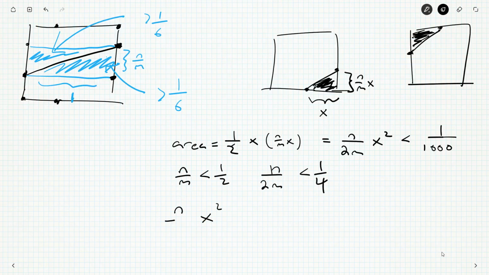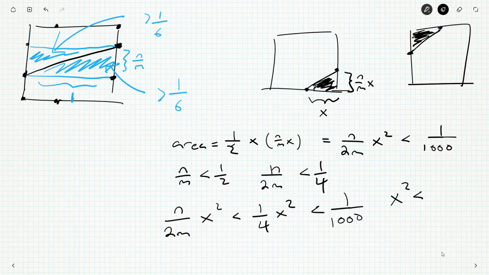So n over 2m x squared has got to be less than 1/4 x squared. So if I want this to be less than 1,000th, I should make 1/4 x squared less than or equal to 1,000th. Oh, but we also have, this guy's bigger than 1/3. So this is bigger than 1/6, so I might need both inequalities here.